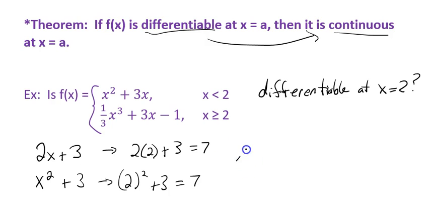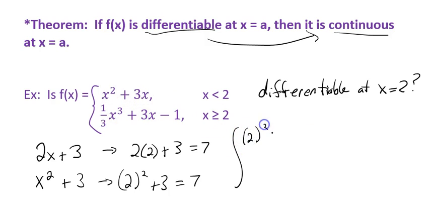What that means is the slopes coming in from one side are 7 and the slopes coming out of the other side are 7. But my next question is, that could happen and it could be a jump. So do these two graphs meet at 2? How do you know that? You know by plugging in the 2.